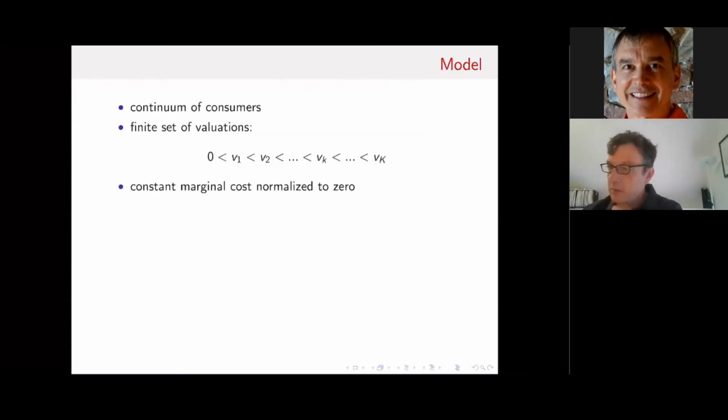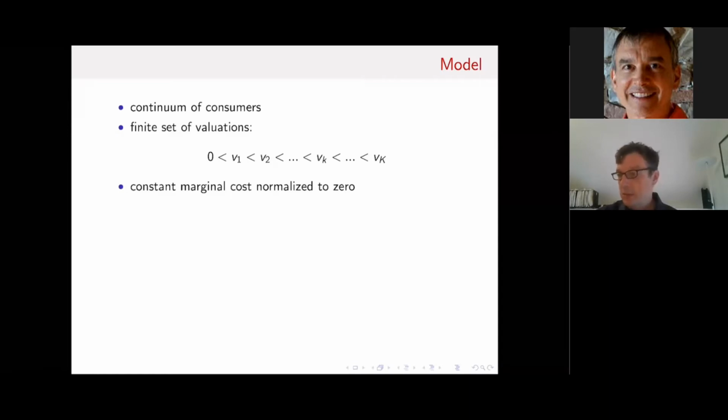Okay, so here's the model. We think about a continuum of consumers. So simply a probability distribution of consumers. These consumers can have a valuation, and for the purposes of the talk today, we're going to simply assume that there's only a finite set of possible valuations starting at 0 and going all the way up to K, capital K, which is the highest possible valuation.